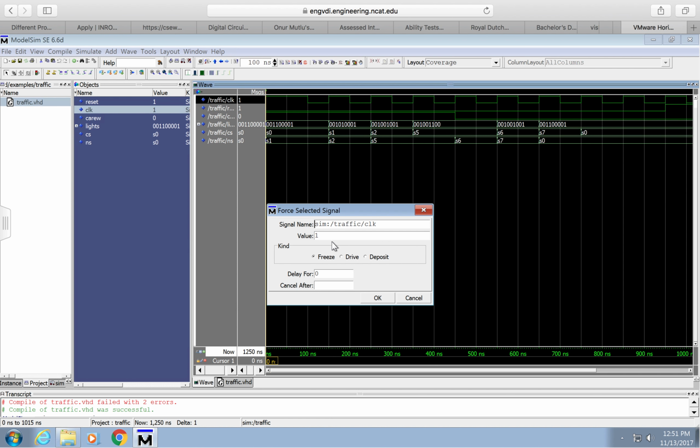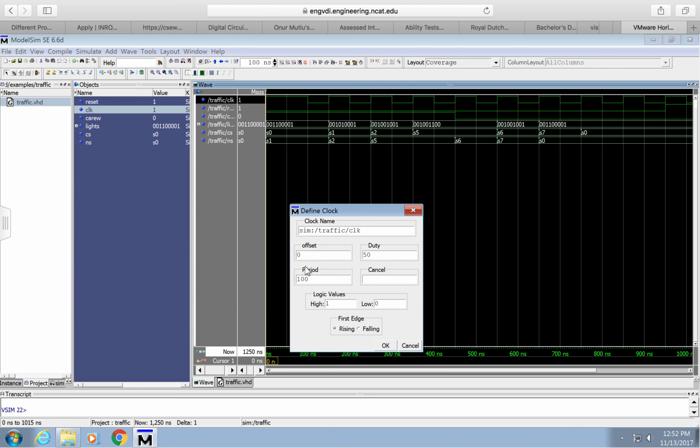I also use an offset value of 50. The way to go about that is you right click, go to clock, and change the offset number to 50, and it'll continue doing that duty for 50.